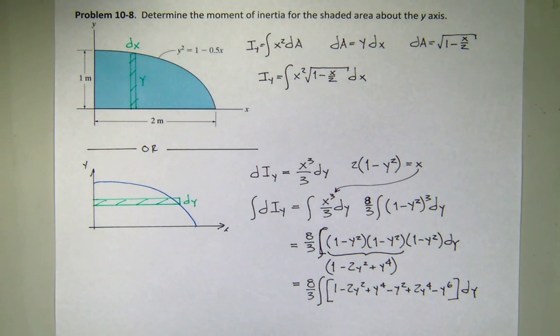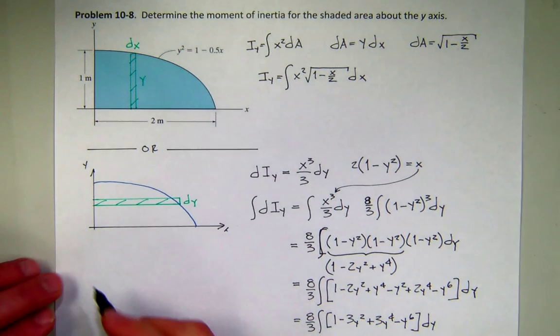We had something like that last night. Not fun. So 8/3 integral, I got 1 minus 3y squared plus 3y to the 4th minus y to the 6th.